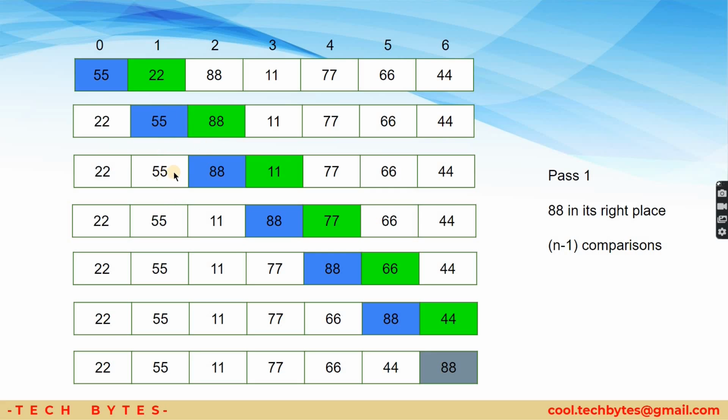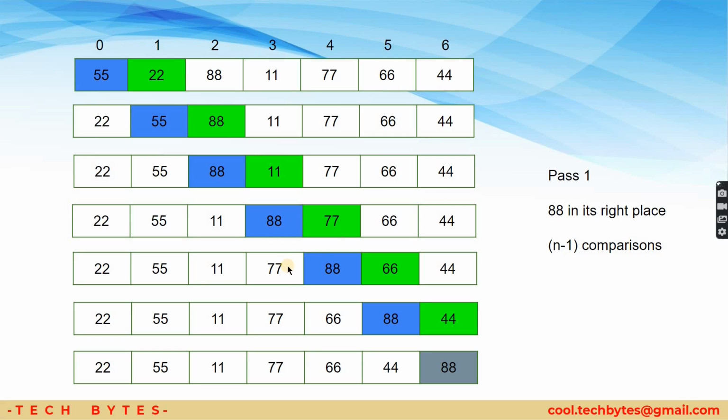So in the third step, 55 remains there and it compares 88 with 11 and checks if a swap is necessary. Yes, in this case, 88 is greater than 11. So 11 comes here and 88 comes to the index 3 position. In the next step, again it compares 88 with 77.